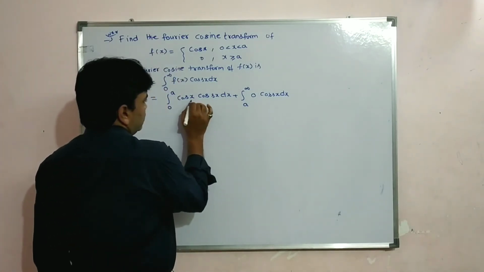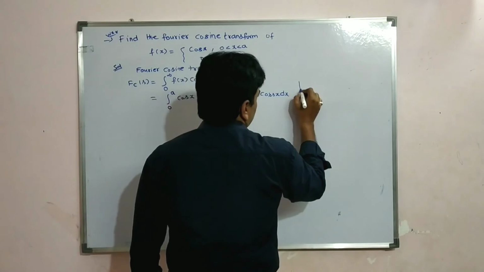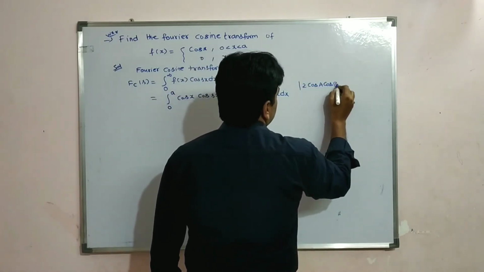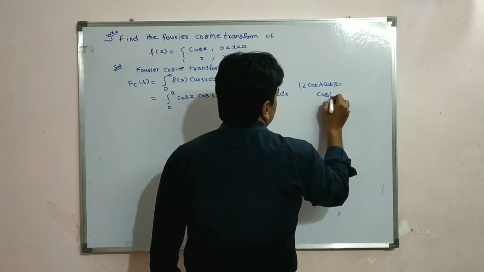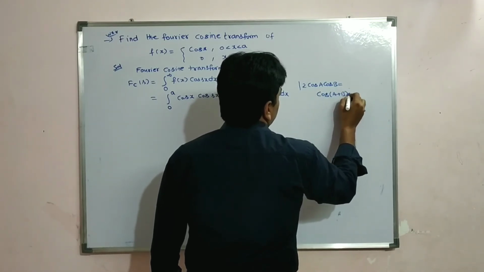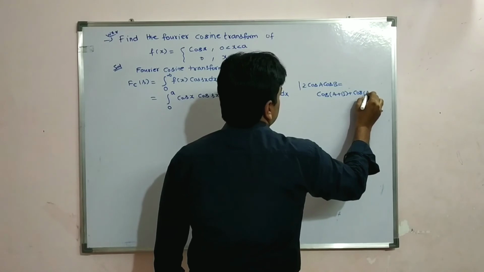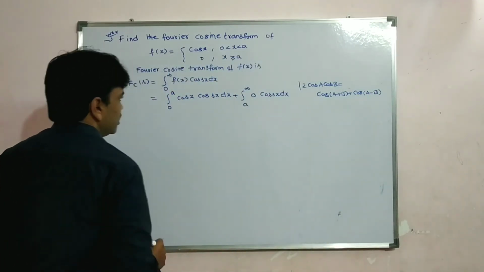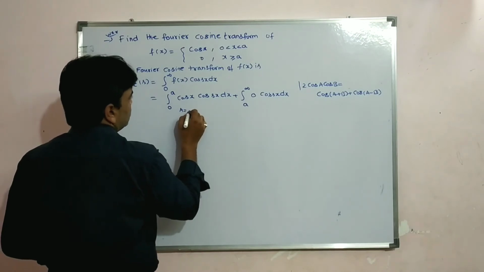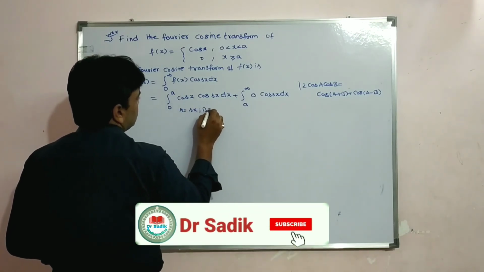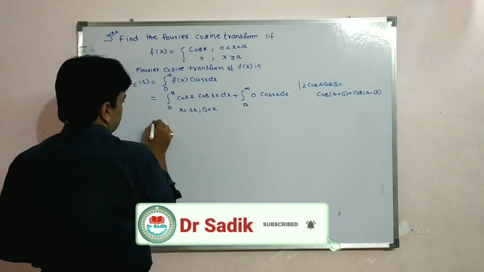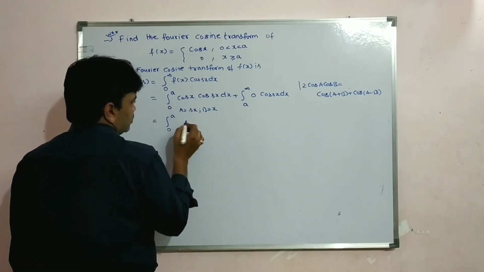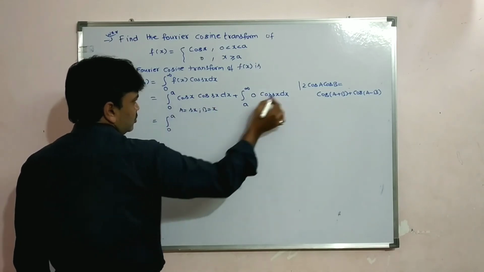We have cos a cos b, students, so 2 cos a cos b is equal to cos of a plus b plus cos of a minus b. So a is here sx and b is x, students, so that is equal to the integral from 0 to a. What is the missing term, students, here? 2.